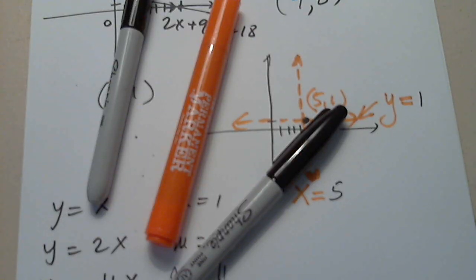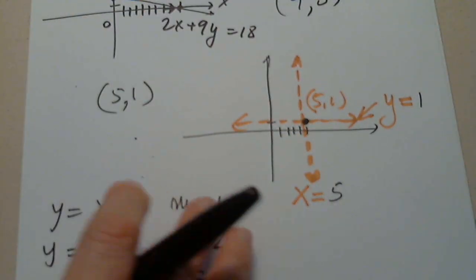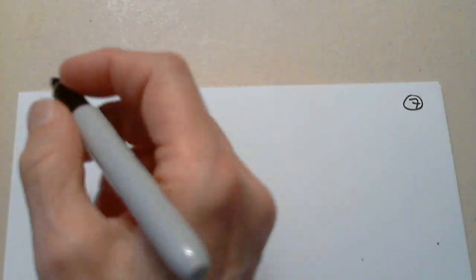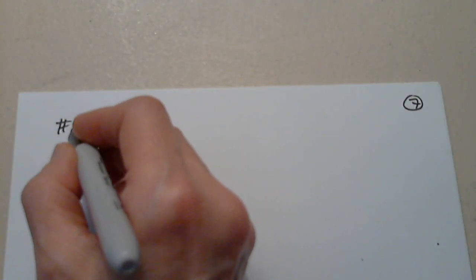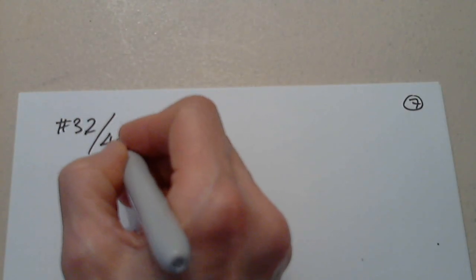So let's write the x-intercept for this one. So this is 32. It's the next one, but this one's good too. We're going to look at all the other 33 and 34 in a minute.